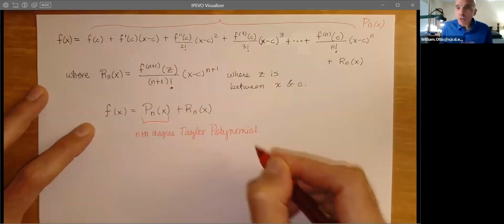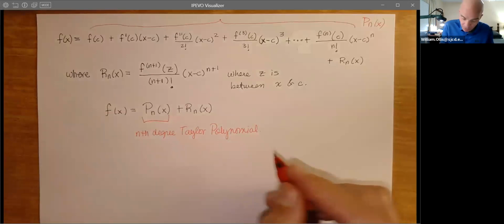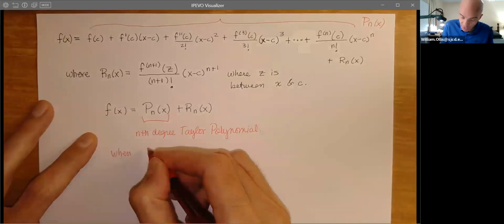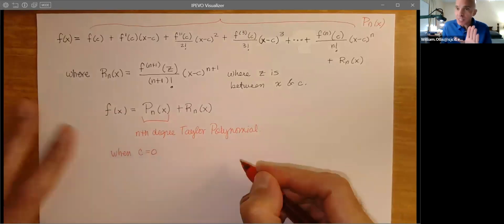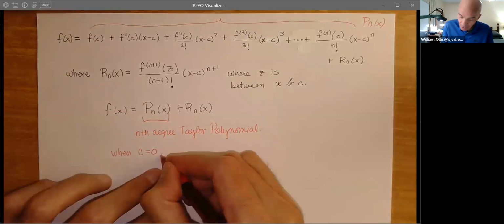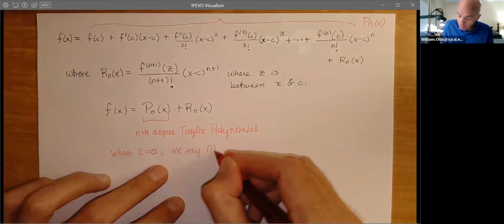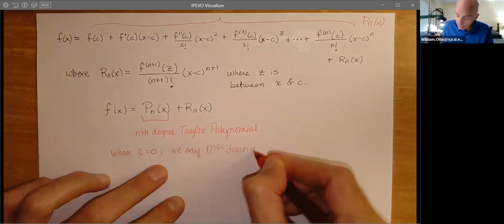Now, when we take the expansion center c to be 0, and you don't have to do this, but you will see this terminology, when c is 0 and we expand about 0, we say this is Maclaurin. Maclaurin is a Scottish name. Maclaurin polynomial.